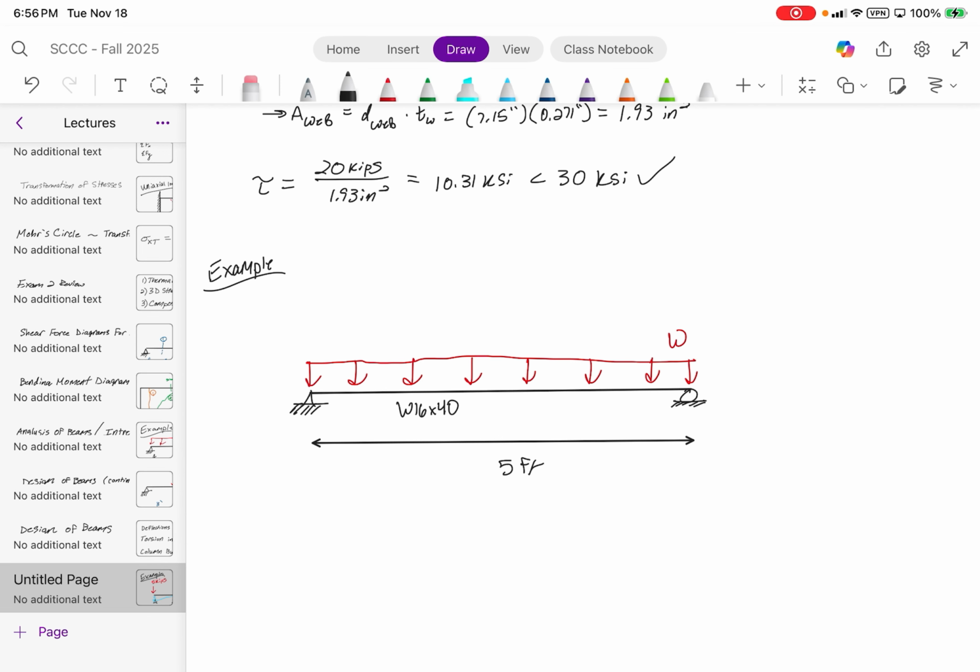All right. Assuming that this is A36 steel, determine the max load W needed for the beam to fail.